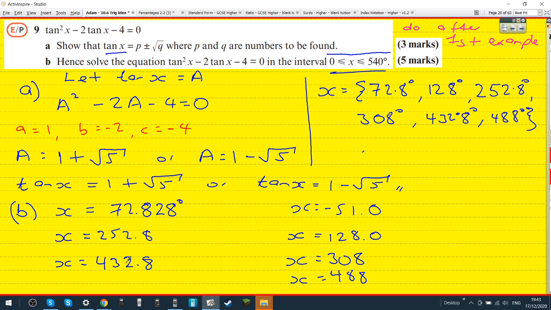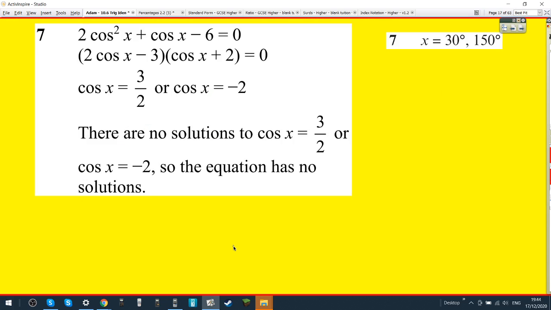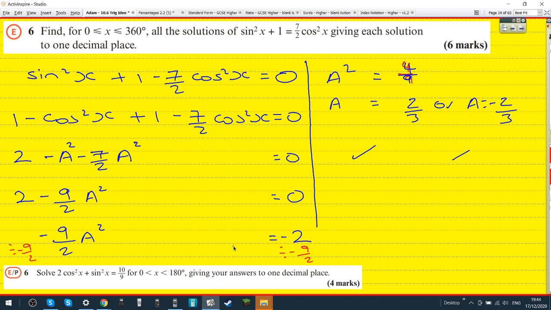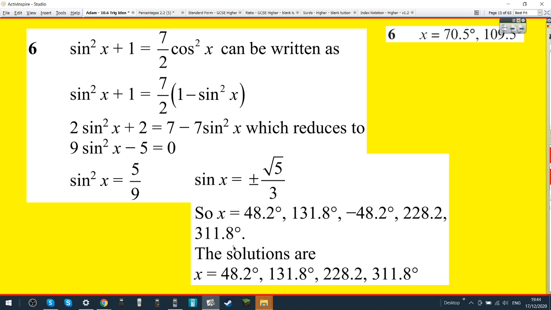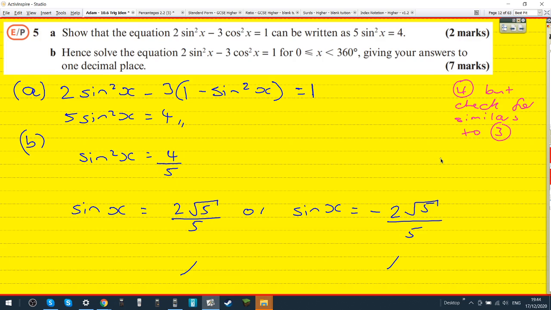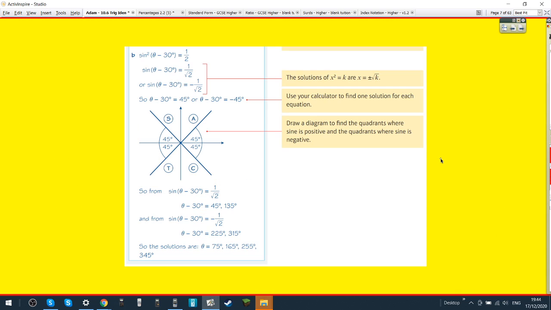The first one gave us 3 solutions, the second one gave us 3 solutions, so you would get half of the answers if you included only the positive one. Like 2 over 3 might get you 3 answers, negative 2 over 3 might get you another 3, and in total that's 6. Or there were 4 answers in total, and using the positive only, you'd only get 2 of them.